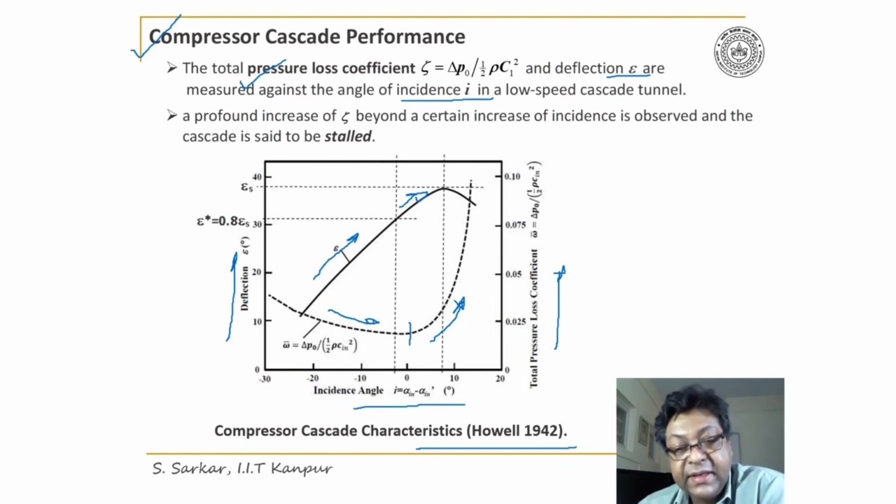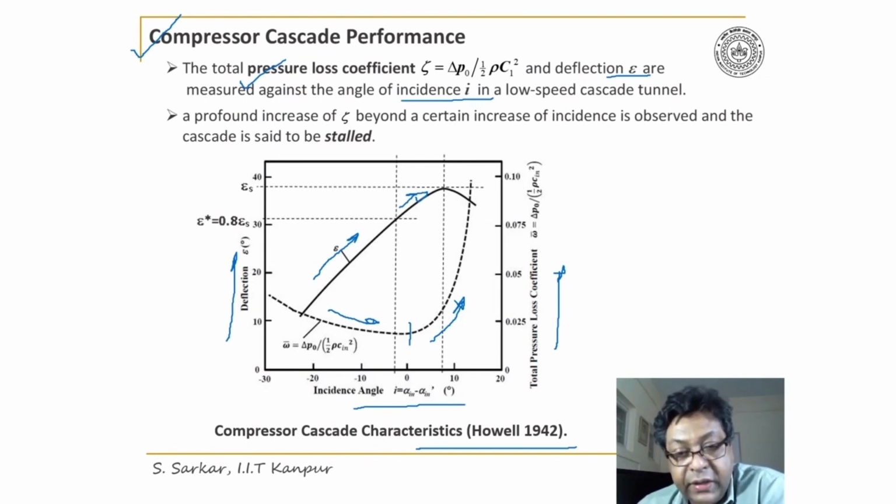That is, when it tends to decrease, that means lift also tends to fall. It indicates that the blade had already stalled, that is, the separation, particularly from the suction surface, appeared.